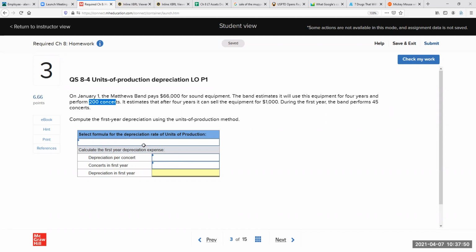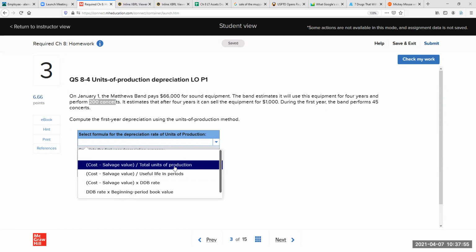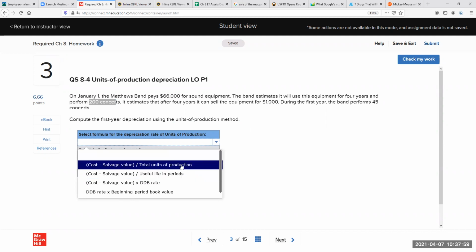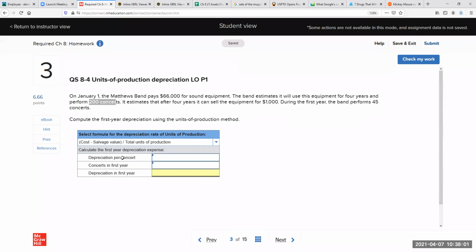So select the formula for depreciation: cost minus salvage divided by, instead of years, the units of production. So take that amount, 66,000 minus 1,000, cost minus salvage, divided by the 200 concerts.